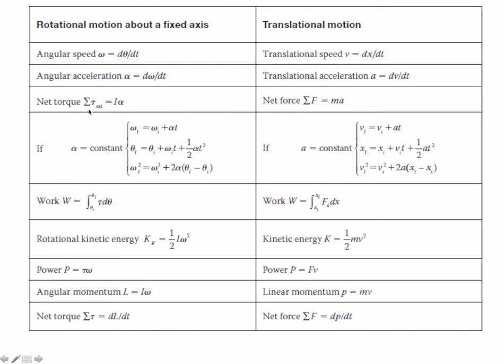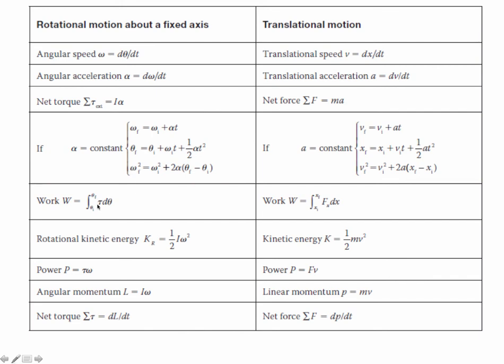We have learned that torque is equivalent to force in linear motion. If angular acceleration is constant, then this set of equations applies, which is equivalent to the ones you know from linear motion. Although we didn't specifically discuss that, it's apparent that that is the case.